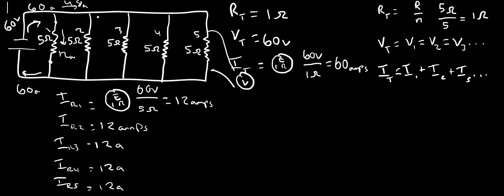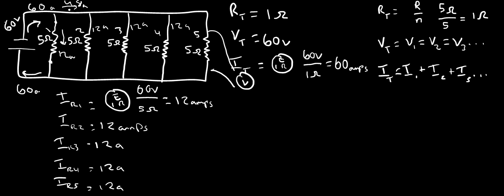You do that same task with each of these legs down each of these resistors. If 12 amps is coming down here, and 12 amps here, and 12 amps here, you have 48 amps left over on this leg of the circuit.